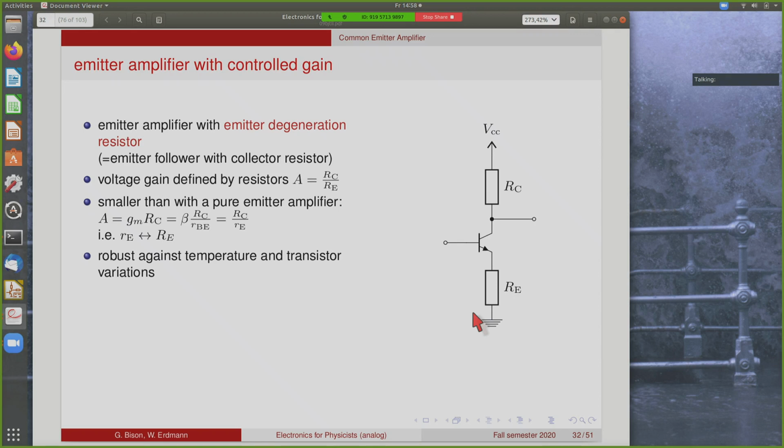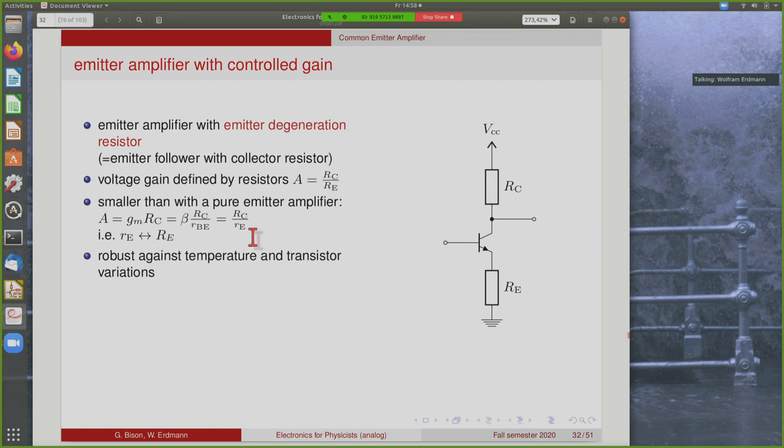Now the gain is of course smaller than it is with a pure emitter amplifier. So for the emitter amplifier, we had determined the gain to be GM times the collector load, now neglecting the Early effect, which is beta times the collector load divided by RBE, or collector load divided by the emitter resistance, RE, where now the RE is not a physical resistor again, but simply the characteristic of the transistor.